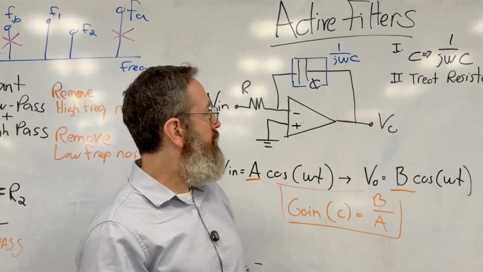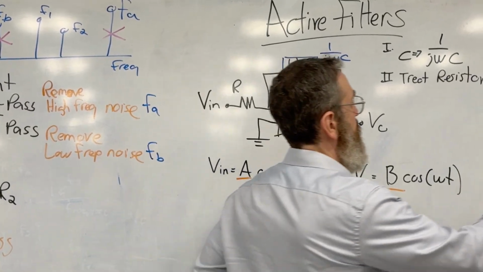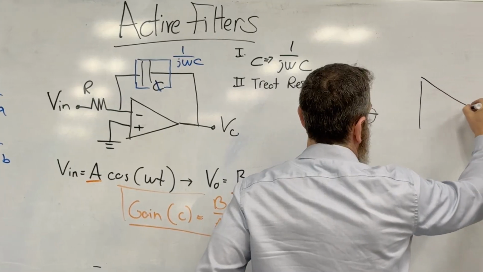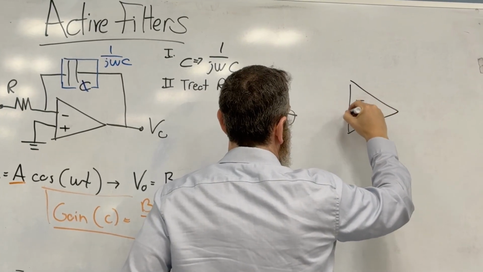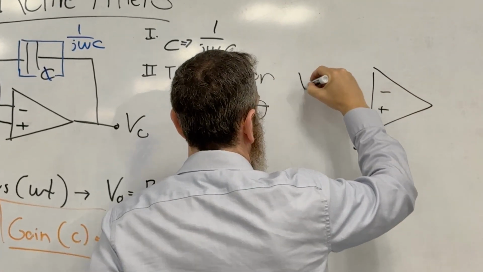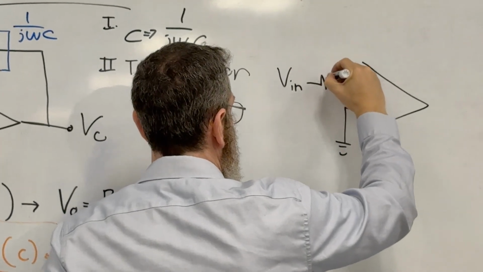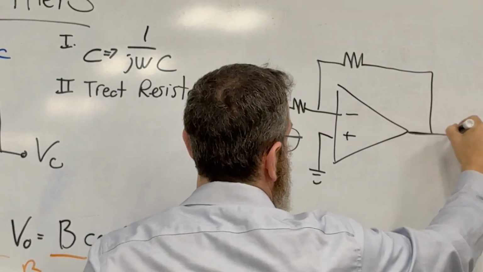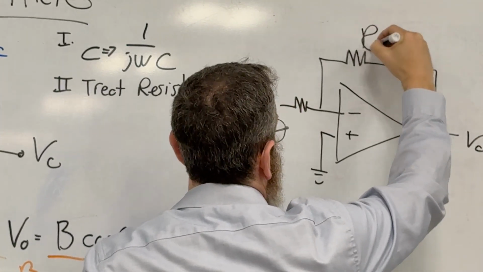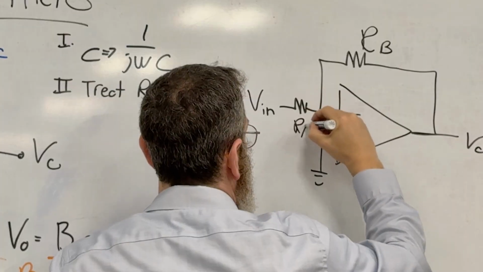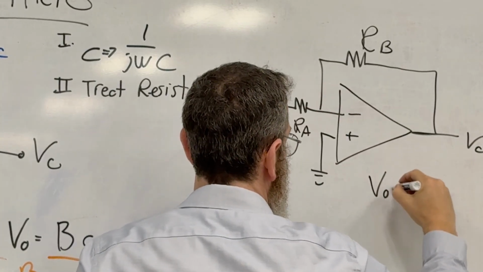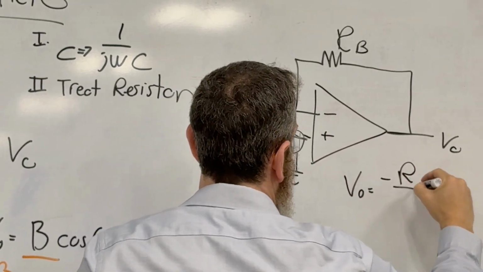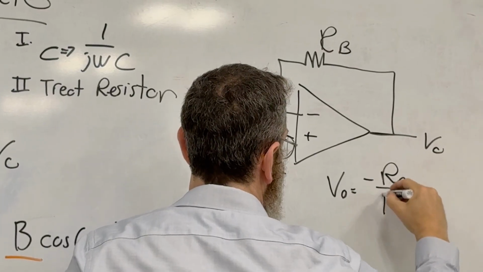Well, when you have an inverting amplifier, we know that V out is equal to minus RB over RA.